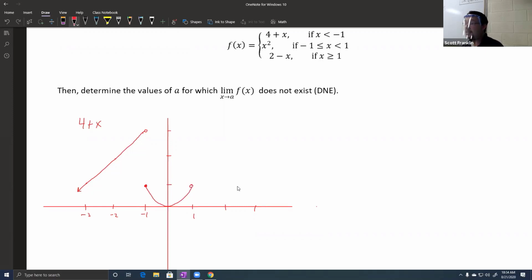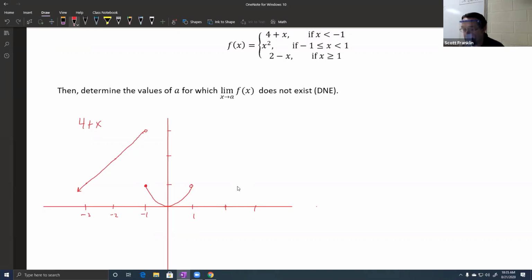And then to the right, 2 minus x, so that is another line, and it has a slope of -1, which means for every 1 I go over, I go down 1. Right? Rise over run. So if my rise is negative, then I'm going to have to go down 1 for every 1 that I go over. So it's going to go down 1, over 1. It's this line right here.